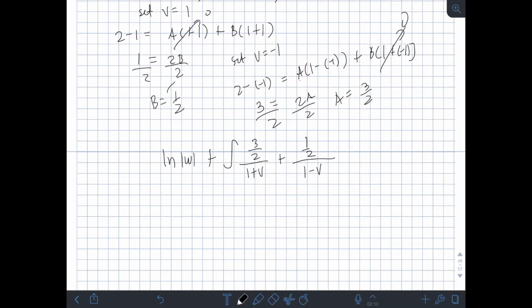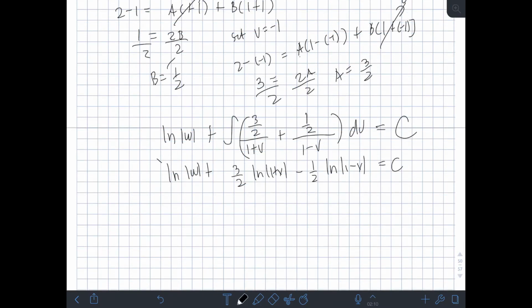So, therefore, we have ln W plus 3 over 2 integral ng 1 plus V is just ln 1 plus V, right? Plus 1 half integral ng 1 minus V is this time, dahil negative V, magiging negative to. Negative ln of 1 minus V equals constant.